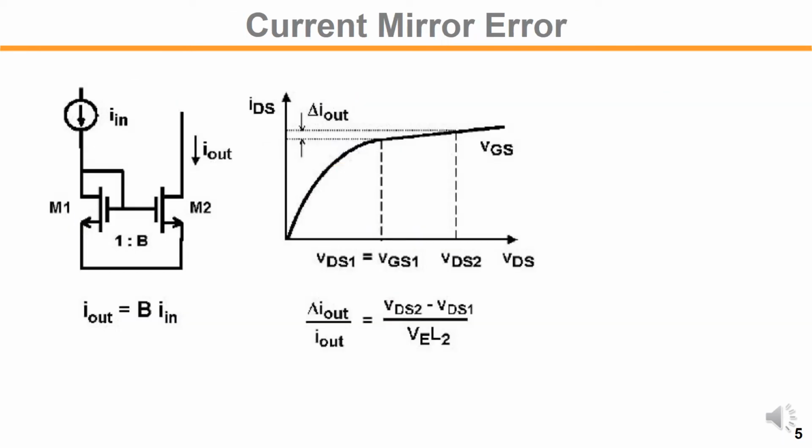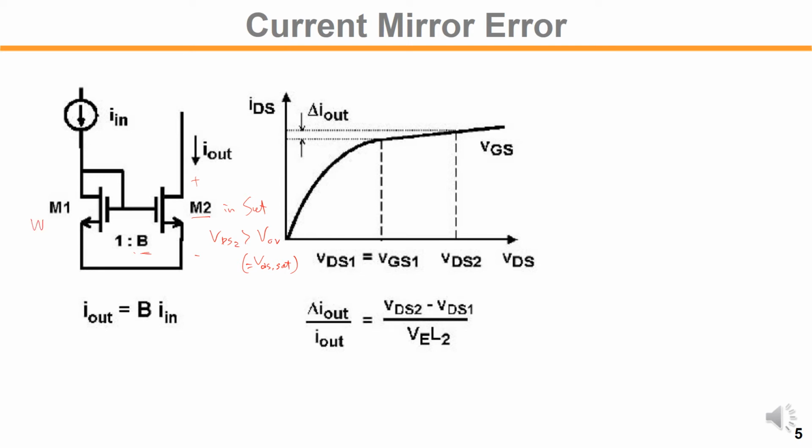The current mirror shown here has the diode connected M1 and M2 in saturation. Make sure VDS2 must be greater than the overdrive voltage, or VDSAT, right? That's the same as the overdrive voltage. As long as we satisfy that, the current will be replicated by the device size ratio.